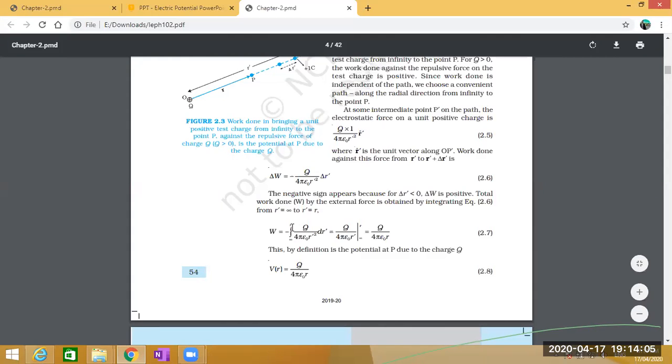Upper limit होगी r, जहाँ तक लाए हैं. Integrate करने के बाद हमारा result ये मिला. This is the well-known expression for electric potential.